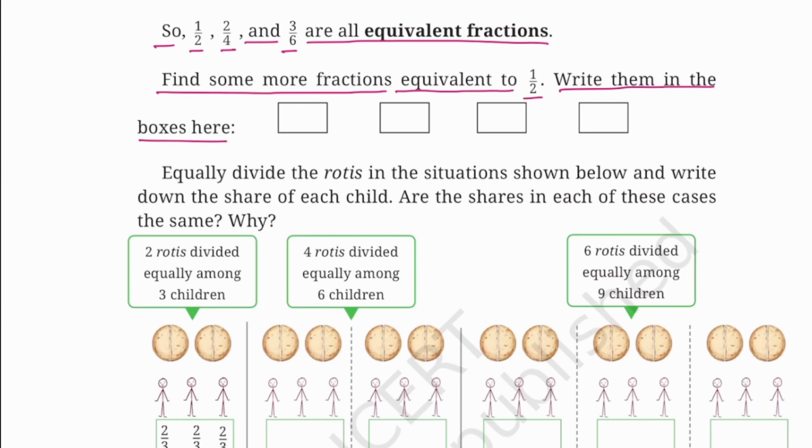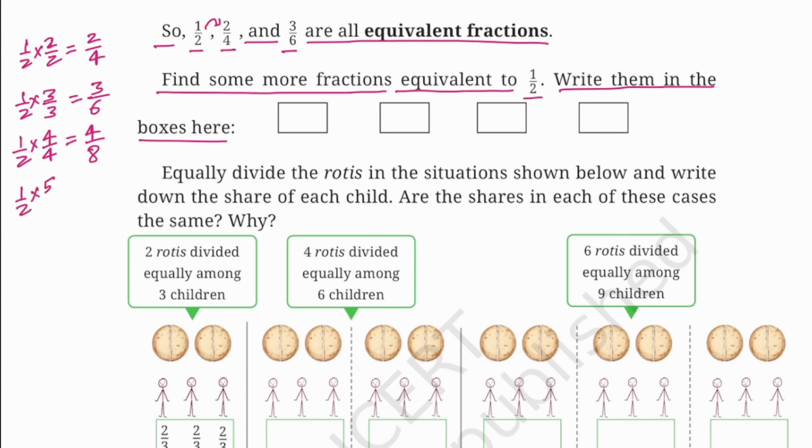You can see 2 upon 4 is obtained by multiplying 1 upon 2 by 2 upon 2. Similarly, 3 upon 6 can be obtained by multiplying 3 upon 3 to 1 upon 2, you will get 3 upon 6. Similarly, by multiplying 4 upon 4 in 1 upon 2, you will get 4 upon 8.